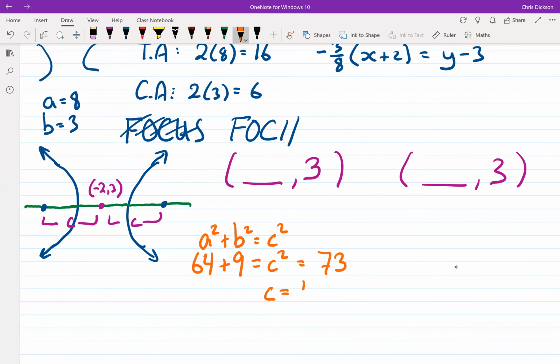So c would equal plus or minus the root of 73, and that is not a perfect square. So I would have to start at -2 and go to the left root 73, and then start at -2 and go to the right root 73. So it's kind of a tricky one there.